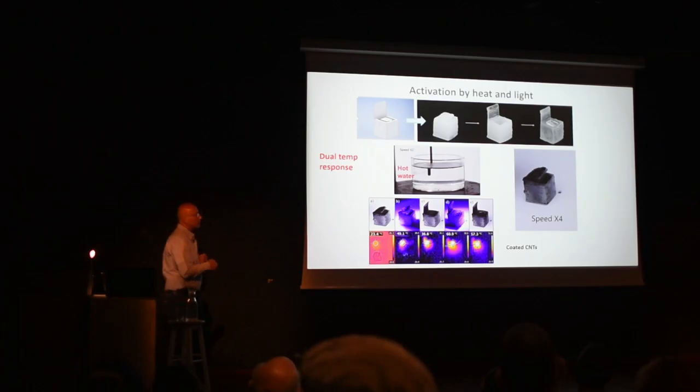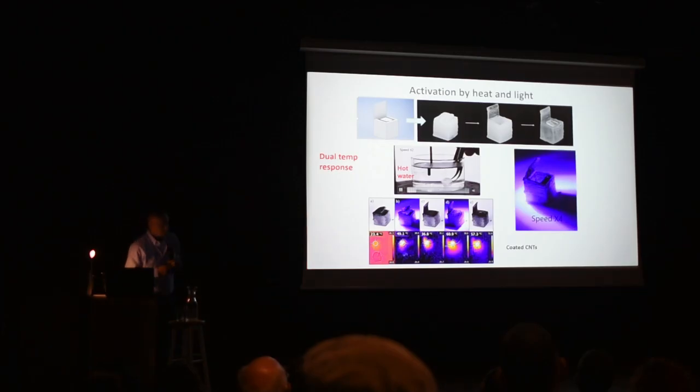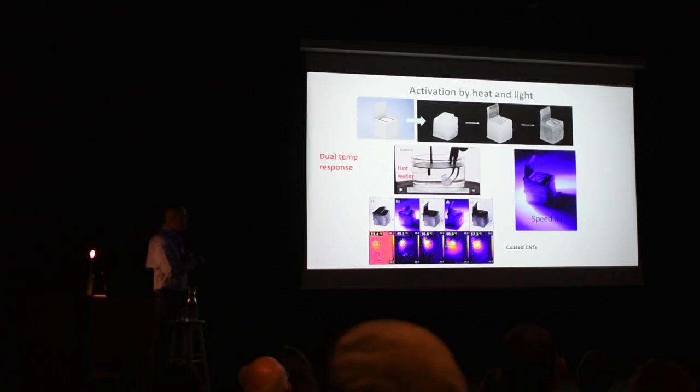Since we have two different types of materials that respond at different temperatures, we can open and close the box. As you can see here, a second. This is a box put in hot water and it opens up. So it can release its content.